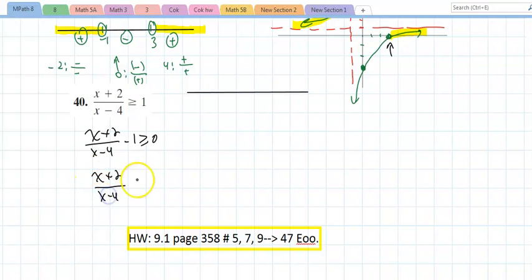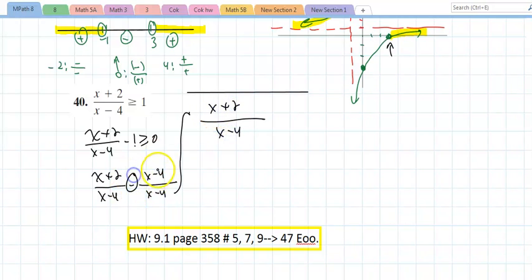This is not the case. Reason for that, this is not a linear inequality. So you multiply top and bottom by x minus 4, and you end up with all over x minus 4, x plus 2, minus x plus 4. You end up with a 6 over x minus 4.